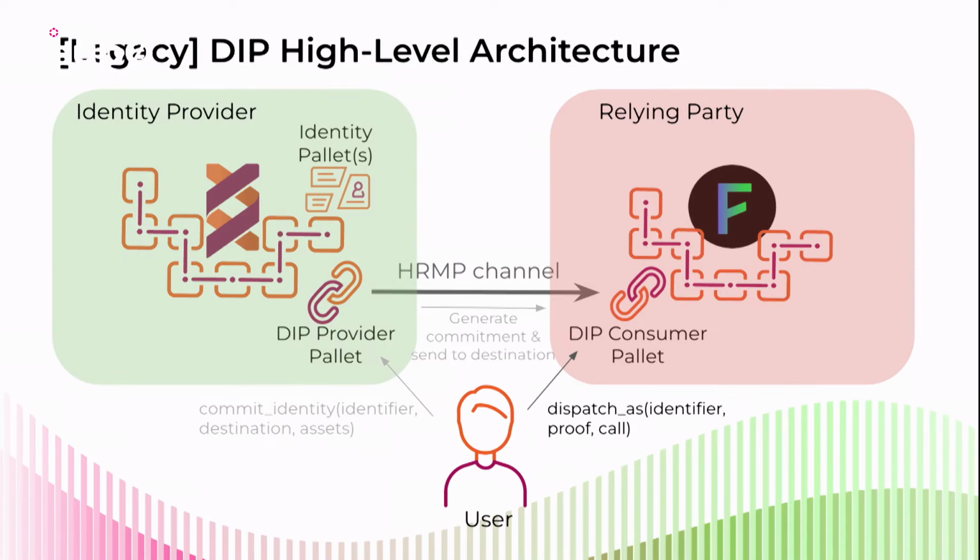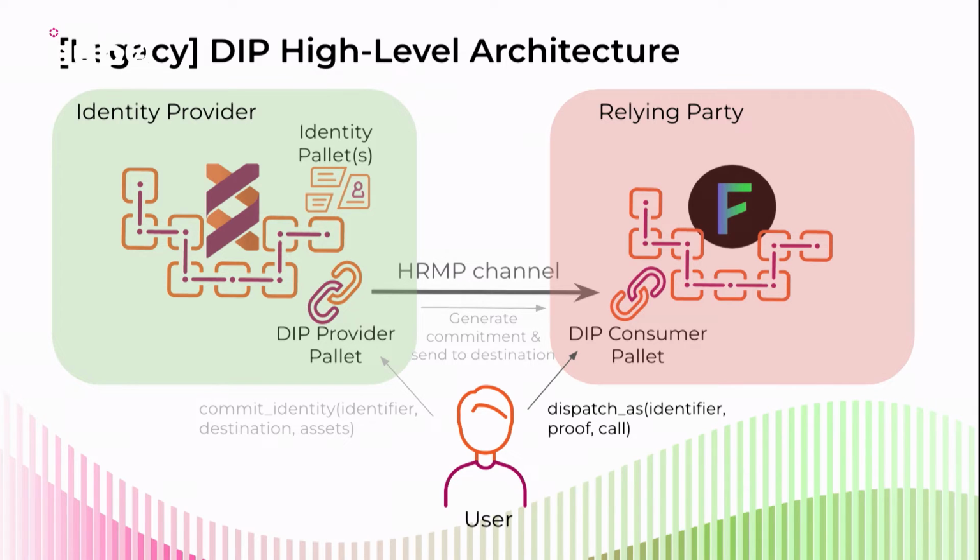Yeah, and once the identity has been bridged to the destination, so once this message with the identity aggregation has made its way onto the relying party chain, then there's a pallet deployed on the relying party which takes care of validating all of these identity proofs that the user submits when they want to act as their identity on the provider chain.